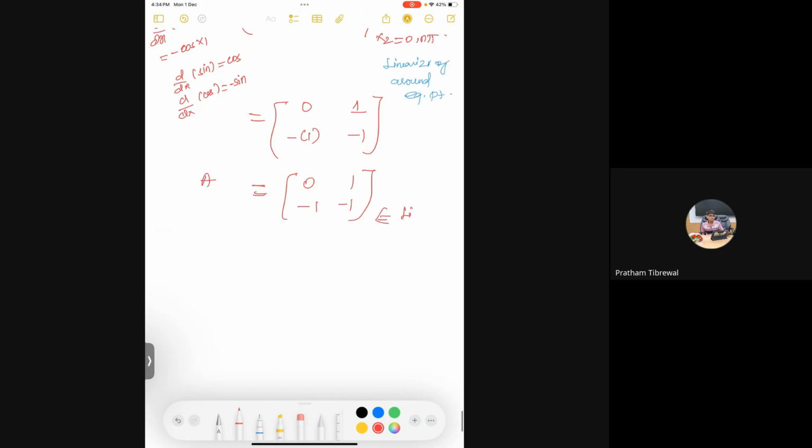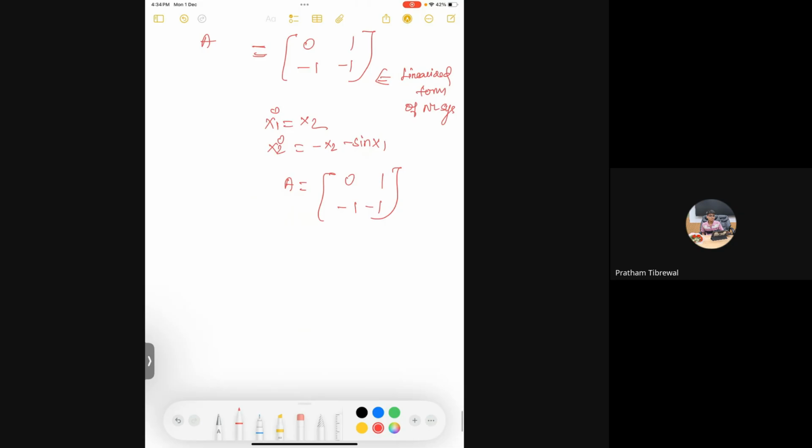Now we have converted x1 dot equal to x2, x2 dot equal to minus x2 minus sin x1 to an A matrix, that is a linear system. Now we can find the stability. How do you find the stability?